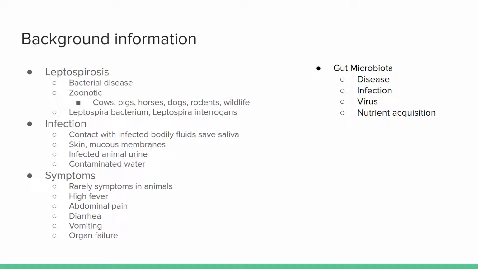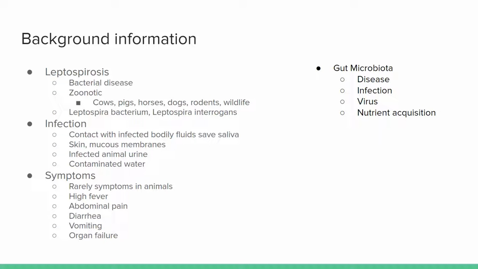In most cases, animals don't show symptoms like humans. Their job more so is to harbor and diffuse the bacteria, while human symptoms include high fever, abdominal pain, diarrhea, vomiting, and organ failure. Now, the three main organs affected are the kidneys, liver, and lungs.